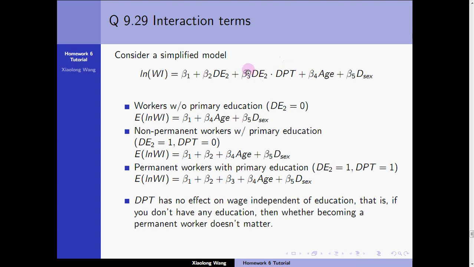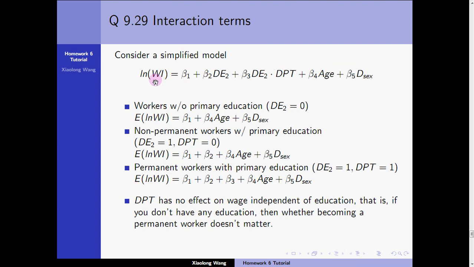So if you don't have education, then these two terms drop out, so DPT has no effect on the wage income. If you have primary education, then if beta 3 is also significant, it means if you become a permanent worker, then you get an additional increase in your wage income.